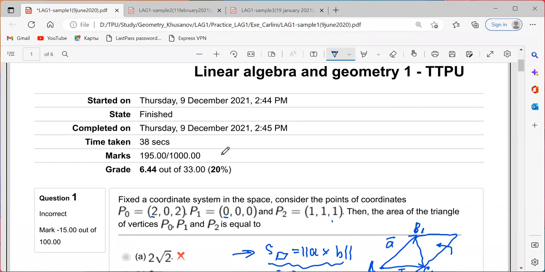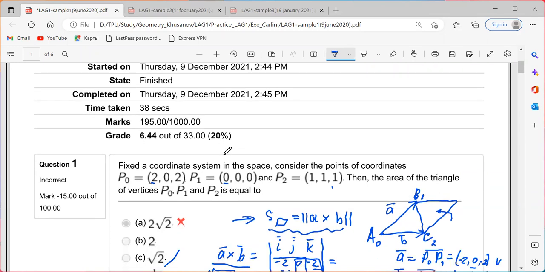No, I don't remember exactly what the value of the penalty is, but you will have a penalty in any case. Okay. All right. Thank you so much. Thank you for listening. I think you see here the first question is not correct. That's why in this situation the penalty will be minus 15, and from 1000.